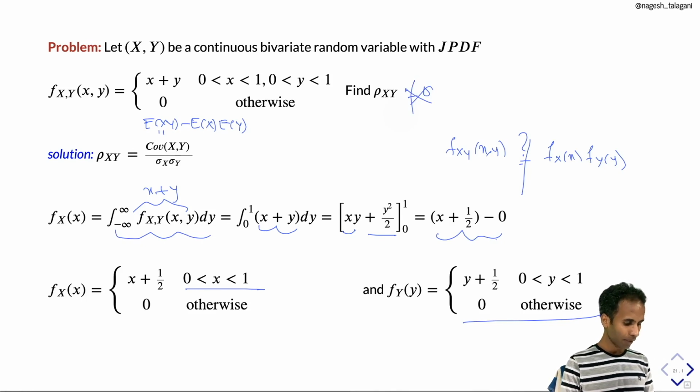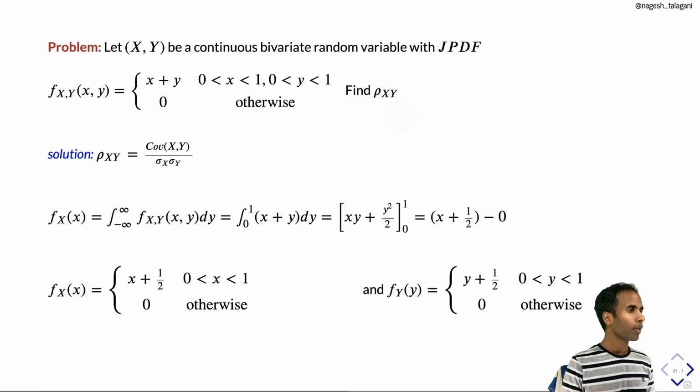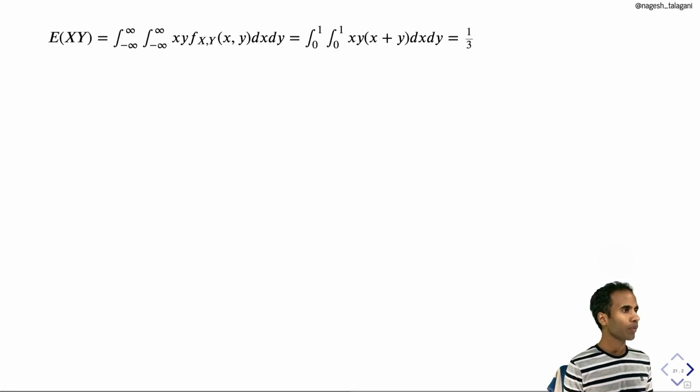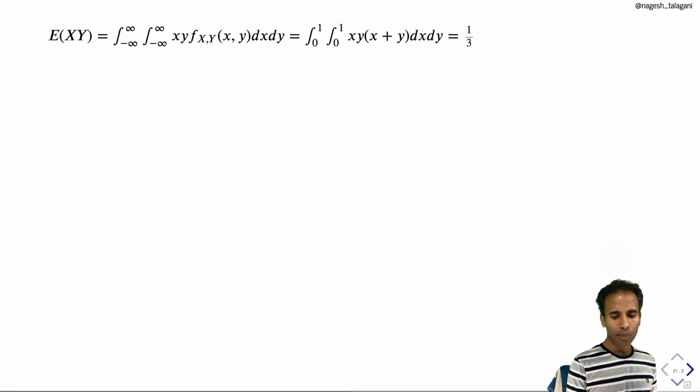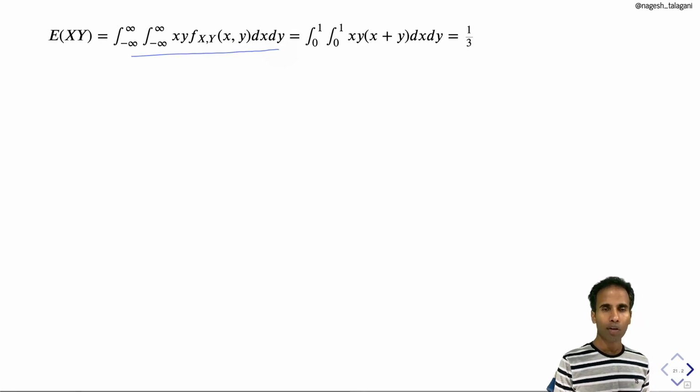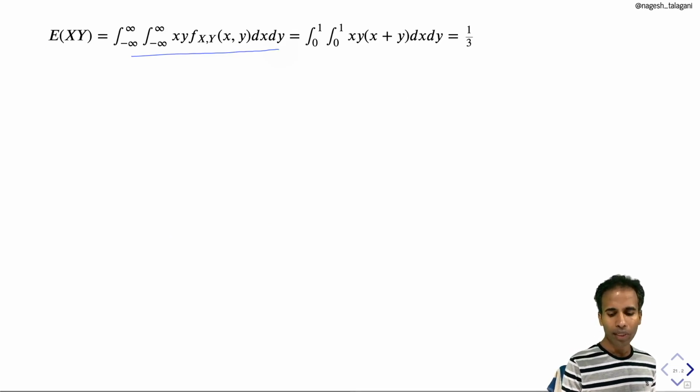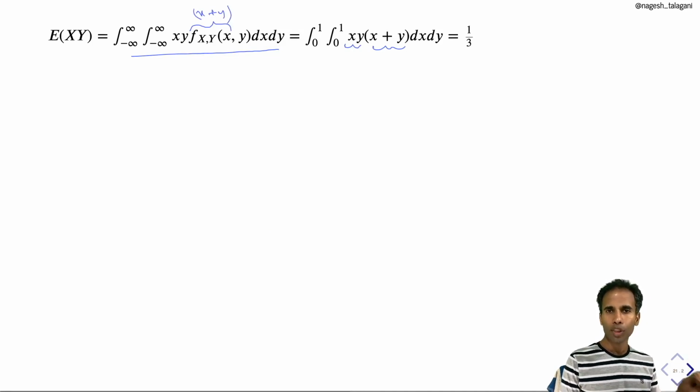Now, let's find expectation xy. Expectation xy is going to be this double integral. We perform the double integral with the integrand xy times x plus y, because the joint PDF is x plus y, over the support where x limits are 0 to 1 and y limits are also 0 to 1.